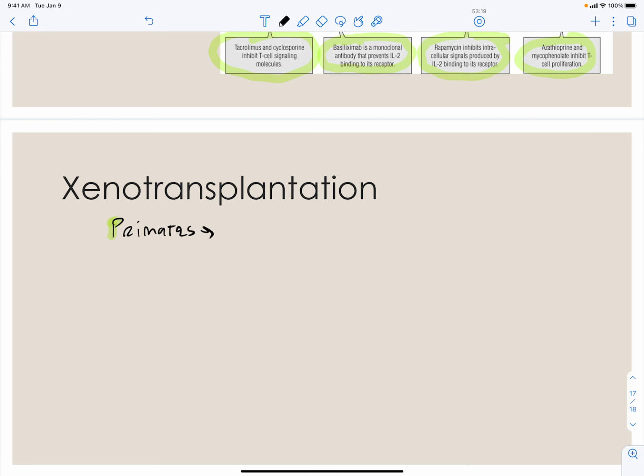So they have a galactose alpha-1,3 galactose sugar motif on most of their cells, and our immune system can recognize this galactose alpha-1,3 galactose motif. And so if you test humans, we do have antibodies to that.